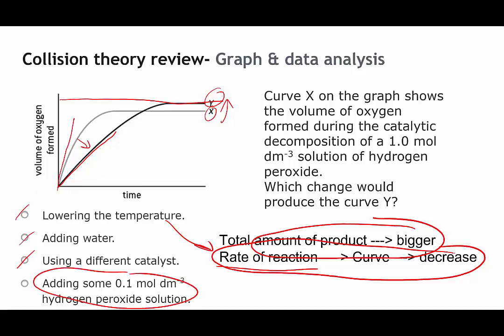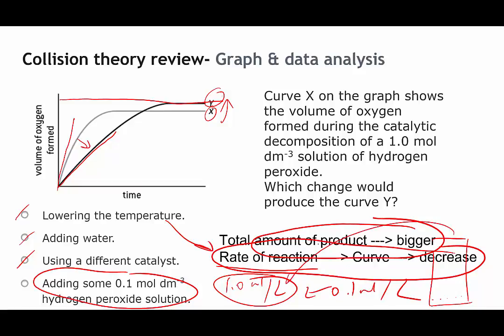By adding some 0.1 moles per liter hydrogen peroxide solution to your 1 mole per liter solution, you're actually adding a solution that's so much less concentrated than your original solution. So in another way, you are diluting your solution, but you're also adding a small amount of your reactant as well.